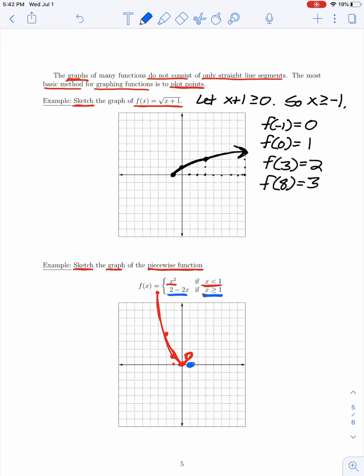We've got the equation 2 minus 2x, which would be a line with y-intercept 2 and slope -2. So from here, we can construct the rest of our line as having a slope of -2, or equivalently by plugging in other points for x. All right.